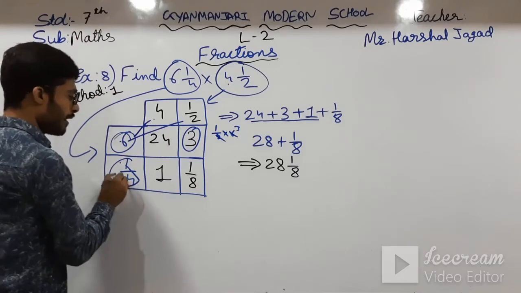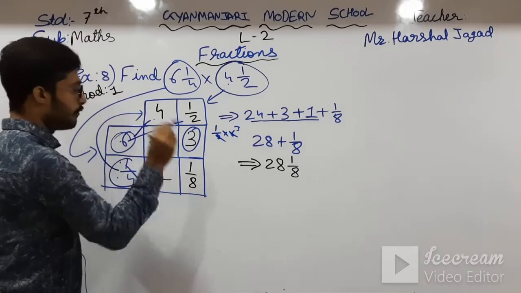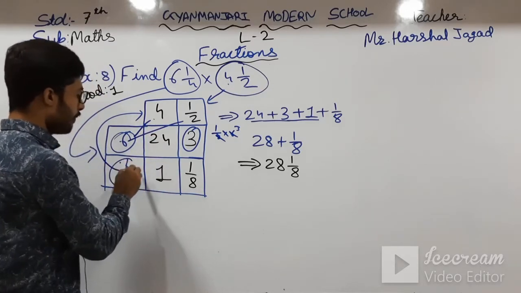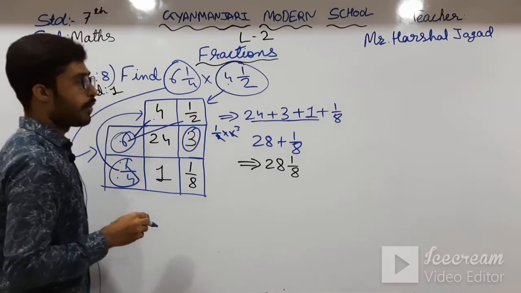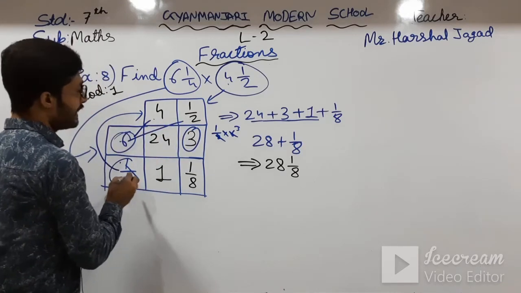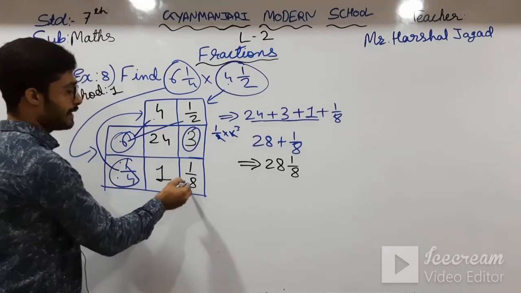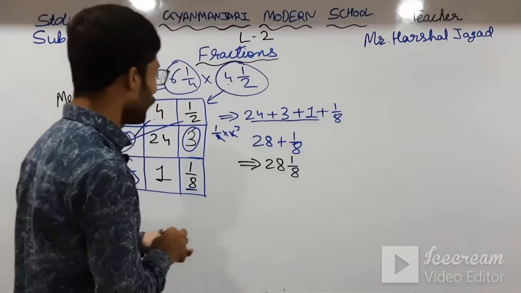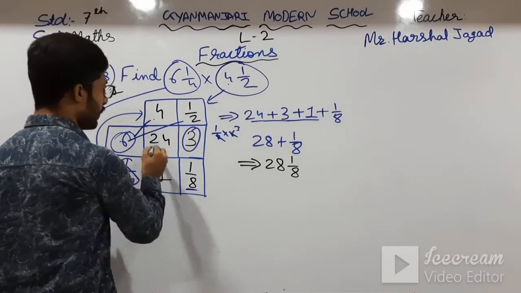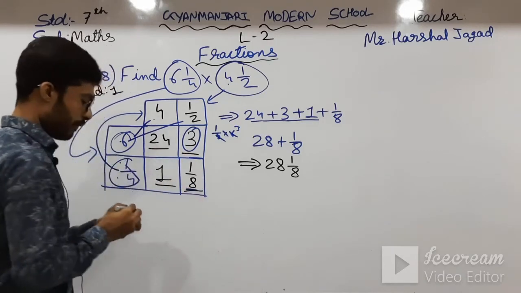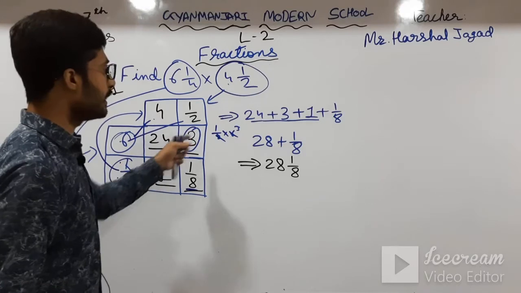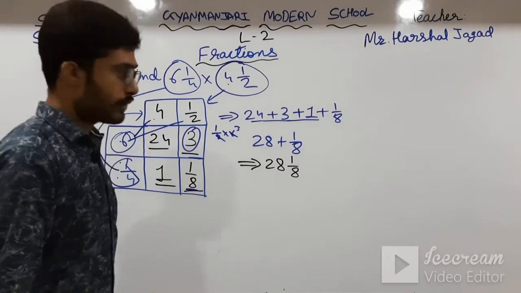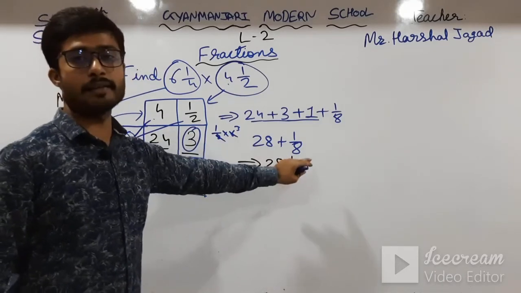Now we multiply 1/4 with 4, so the 4 is cancelled and 1 comes. Then we multiply 1/4 into 1/2, and the answer is 1/8. Then we add: 24 plus 3 plus 1 plus 1/8.